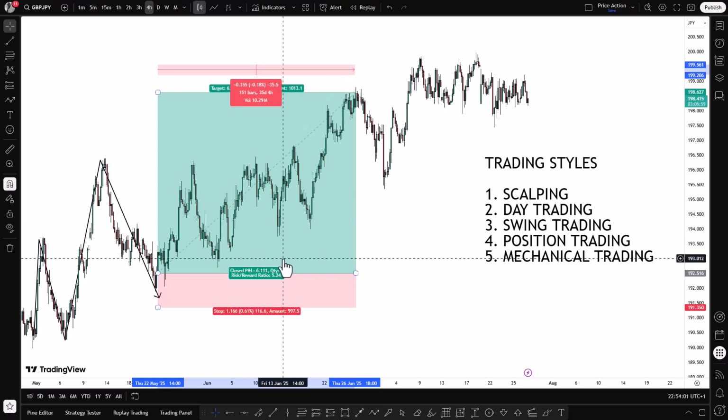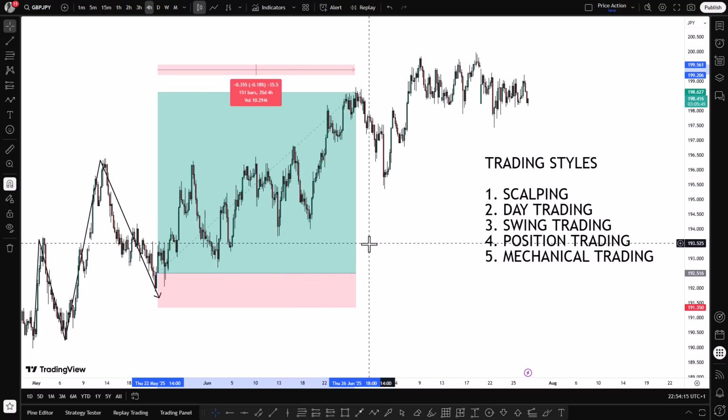Now, compare that with the position example, where the position trader had an open trade that took almost 3 or 4 years to hit a 1:4 or 1:5 profit target. This is because position trading, like I told you, requires the least amount of time to analyze the charts, look for trade setups, place those trades, and manage those trades.